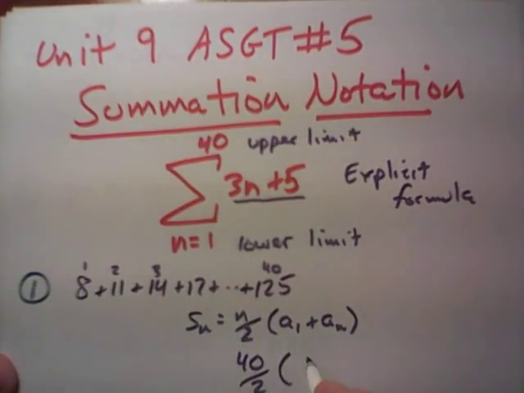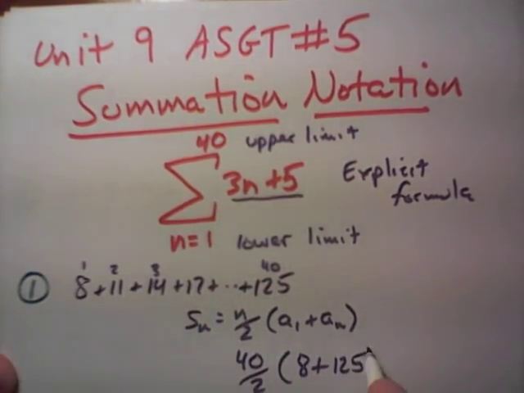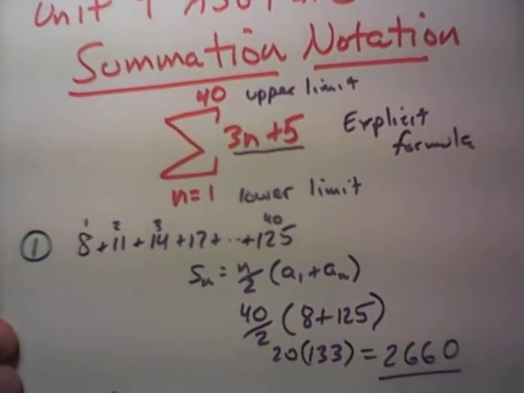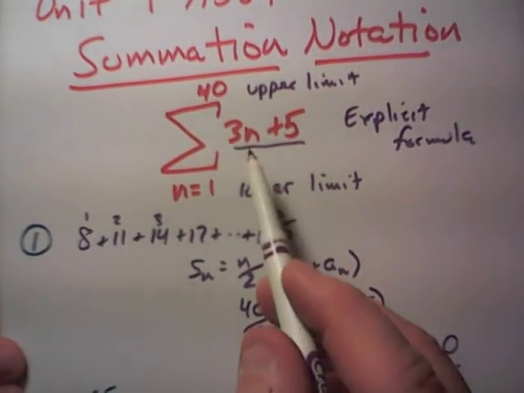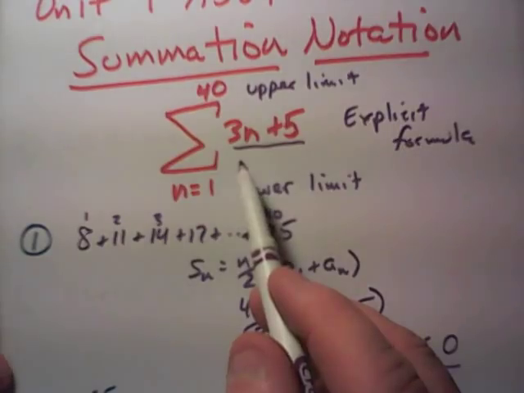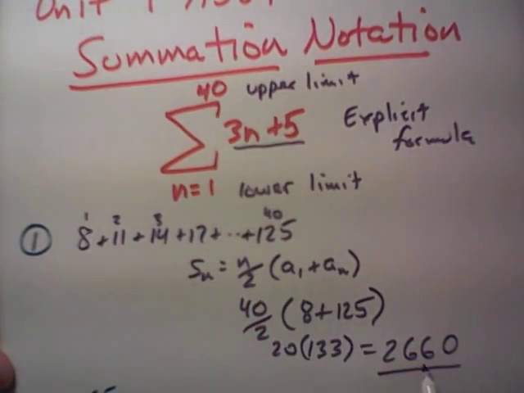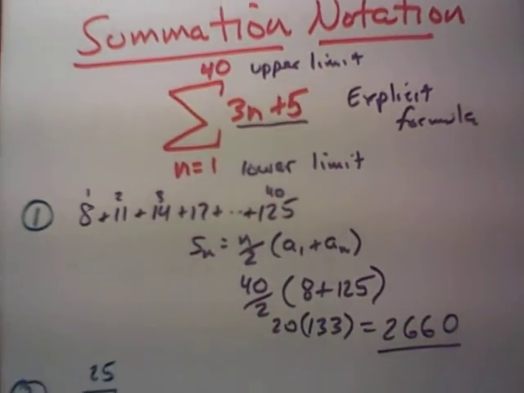And then our first term is 8, plus our last term is 125. So 8 plus 125 is 133. 40 over 2 is 20. And if I take 20 times 133, it's going to give me 2,660. So that means that this series, which is denoted here in summation notation, is 2,660.